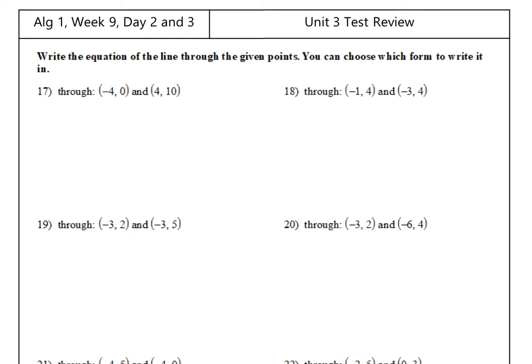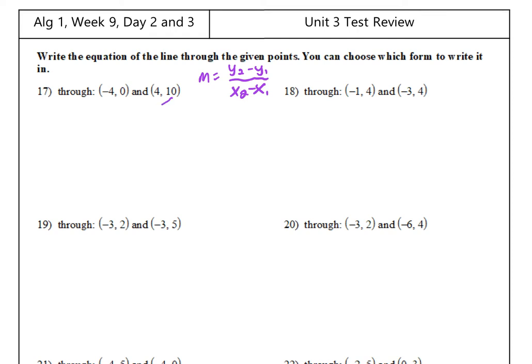The first thing we need to be able to do is find the slope. Now, the slope formula is that m equals our y values subtracted over our x values subtracted. And so what that ends up doing is it doesn't matter which one point you put as y1 and x1 and x2 and y2. It just matters that you're consistent.